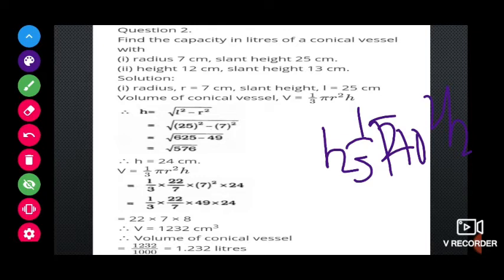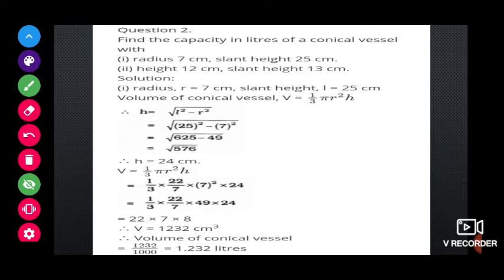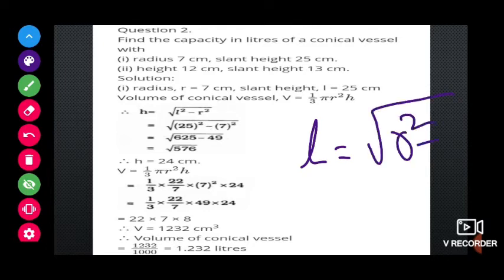So how can we find the height by using the slant height? As we know already, slant height L is equal to the square root of r square plus h square. Now we have r and L, we want height.